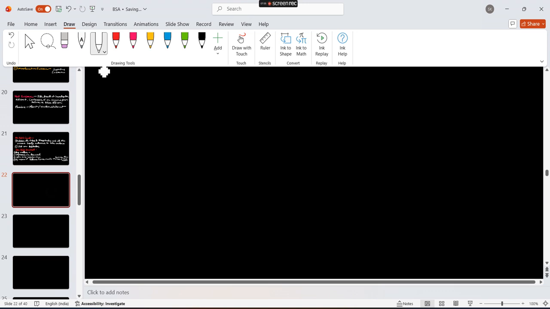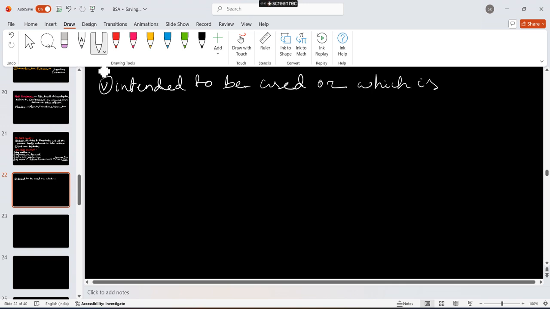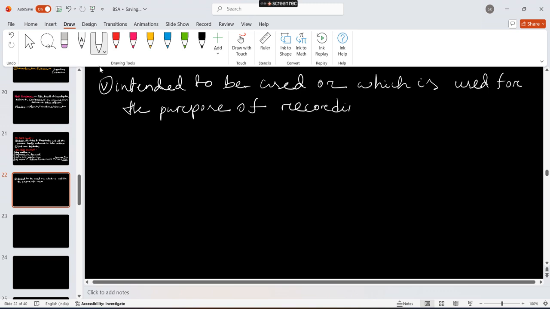And the last point is that it is intended to be used, or which may be used, for the purpose of recording that matter.